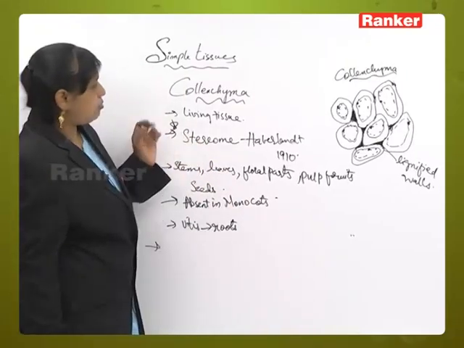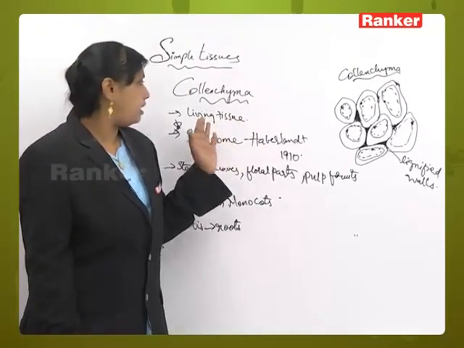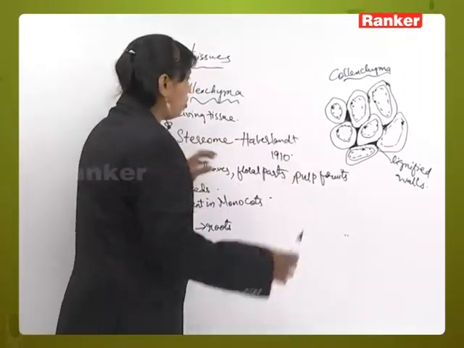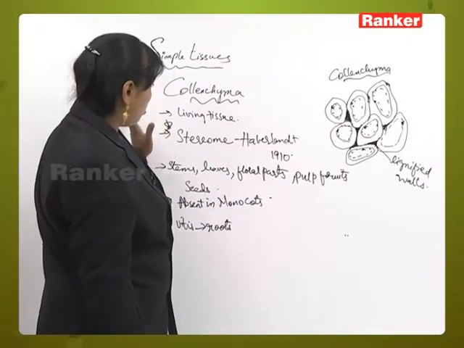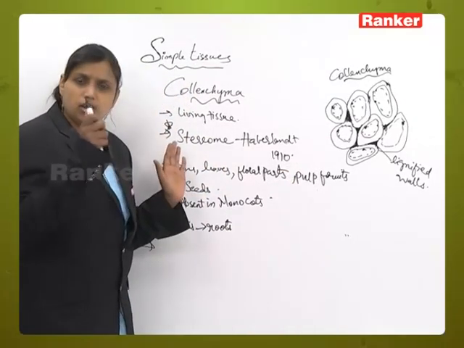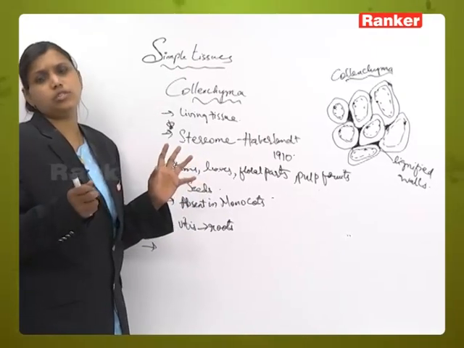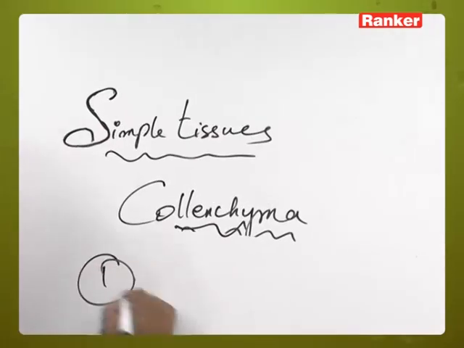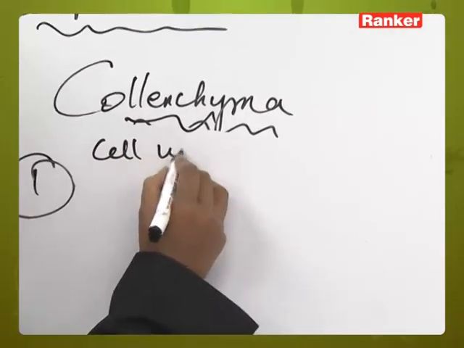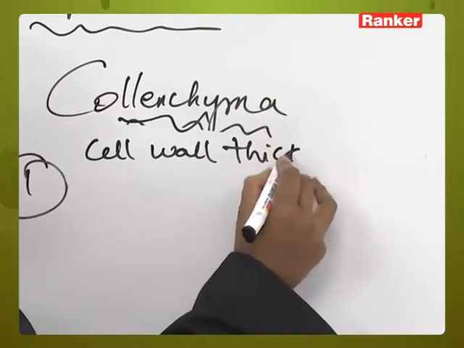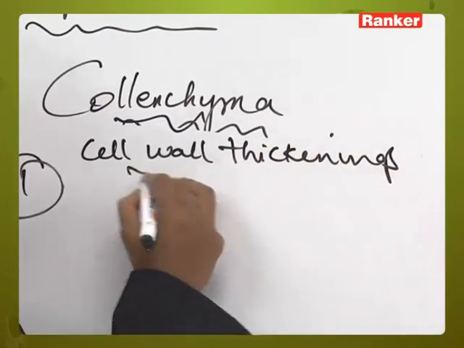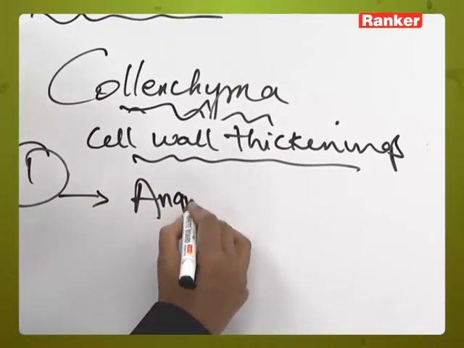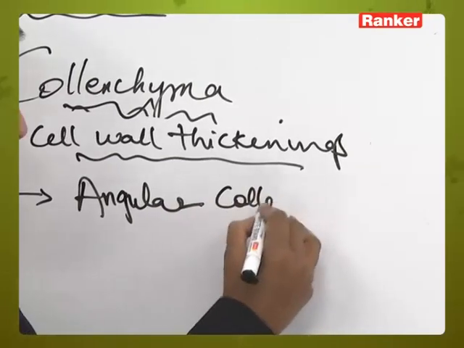Now, there are different types of Collenchyma tissues on the basis of the cell wall thickenings present. On the basis of the position where the cell wall thickening is more, there are 3 to 4 types of Collenchyma cells. The first one is angular Collenchyma.